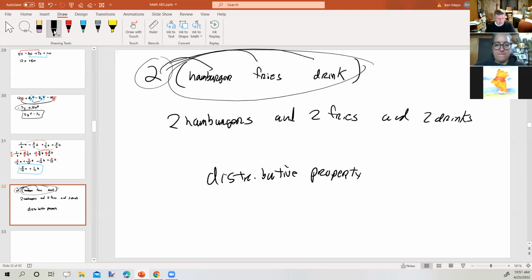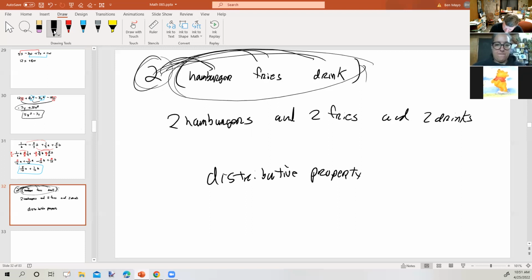property. It's where we're multiplying a number times a group, which is typically grouped inside parentheses. So we're distributing across the parentheses. 2 of this plus 2 of this plus 2 of that. Okay, now what does that look like mathematically?